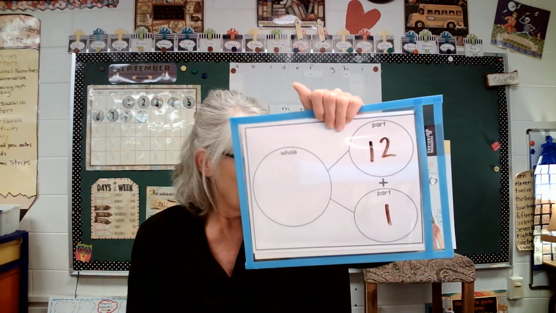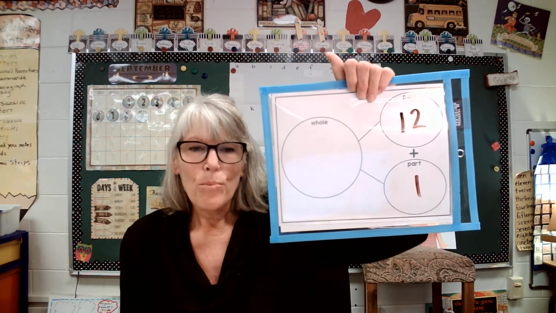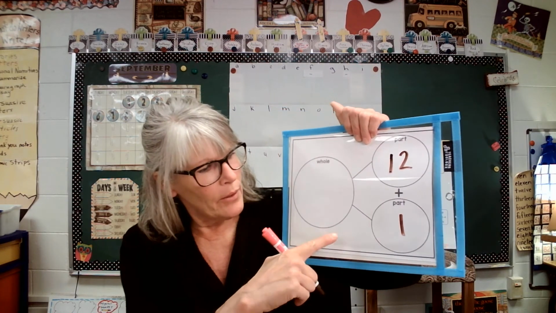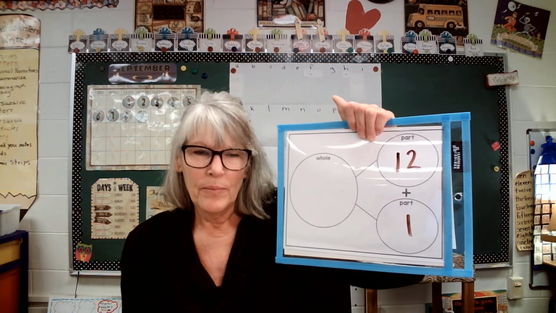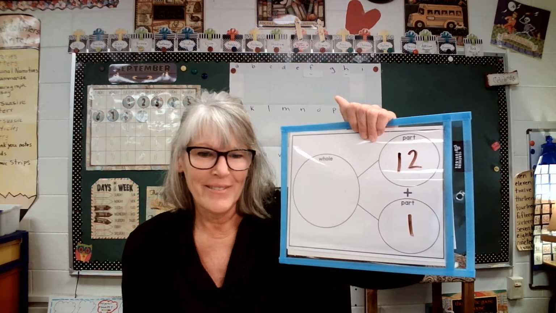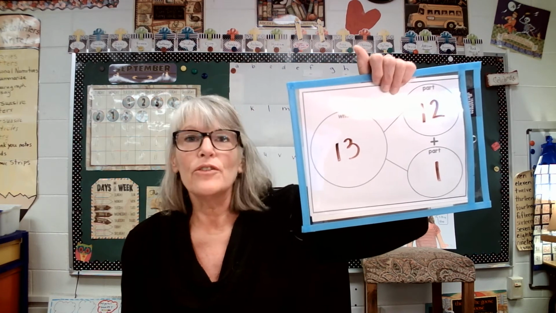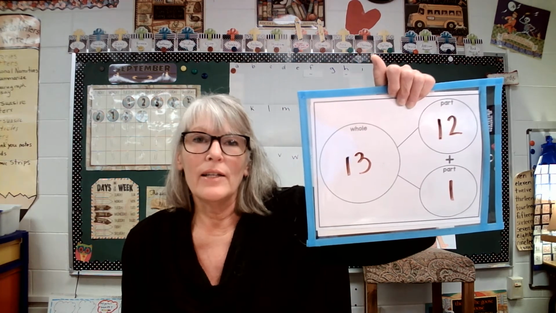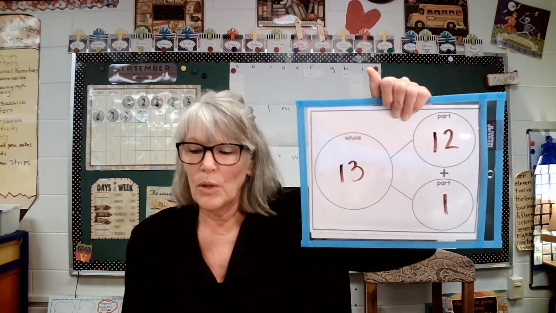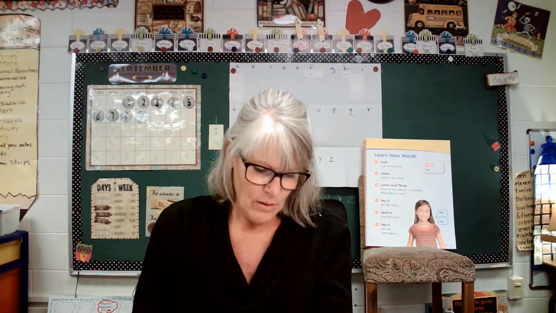Let's see what you know about two-digit numbers. 12 plus one more is how much? Did you say 13? You would be right. 12, 13. One more than 12 is 13.